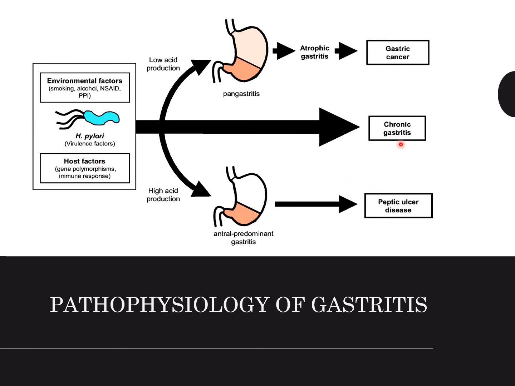For chronic gastritis, as mentioned earlier, over time it may be caused by smoking, alcohol consumption, Helicobacter pylori or host factors like autoimmune. Autoimmune will not happen suddenly. These three factors will not happen acutely or suddenly. It will happen over time.